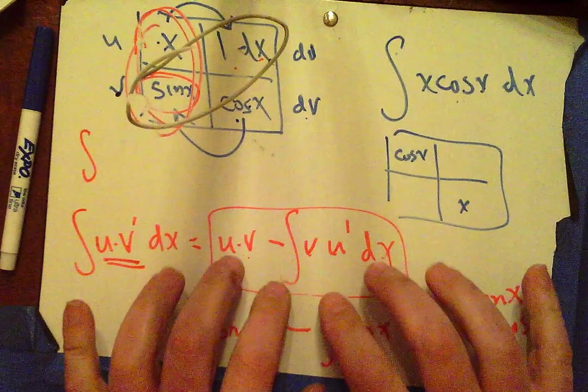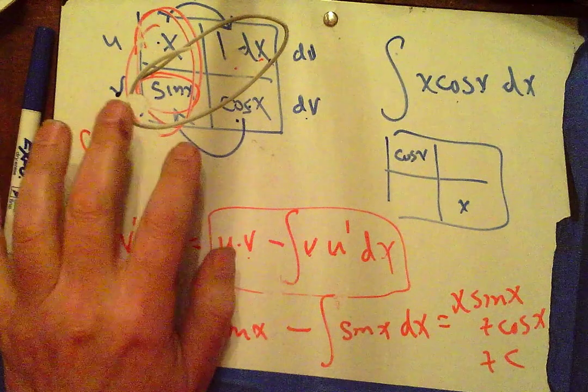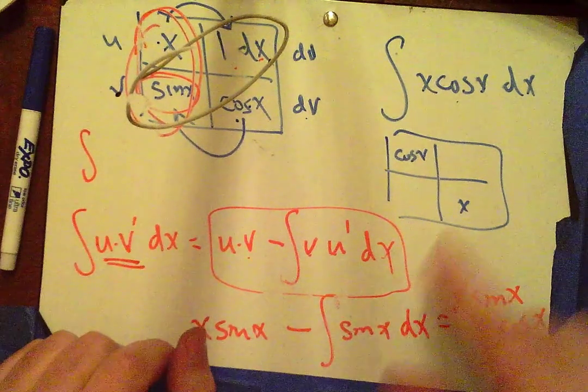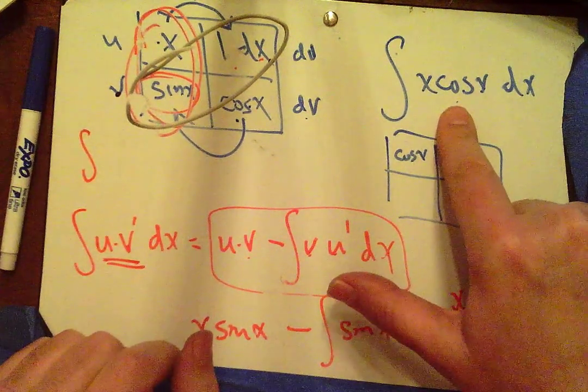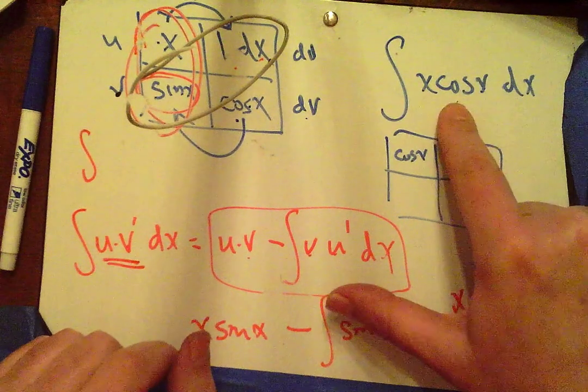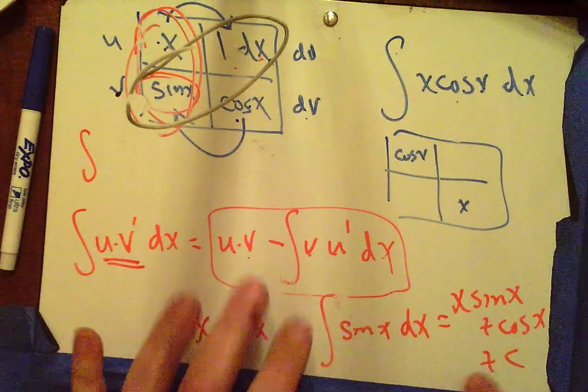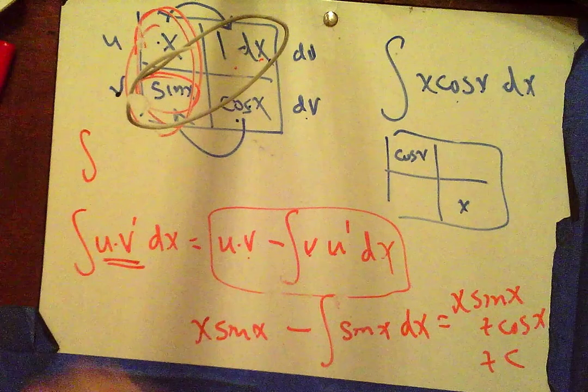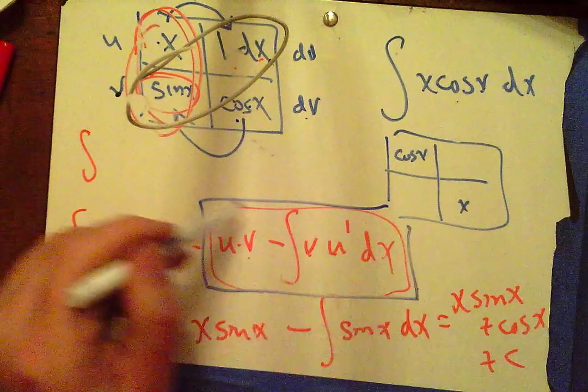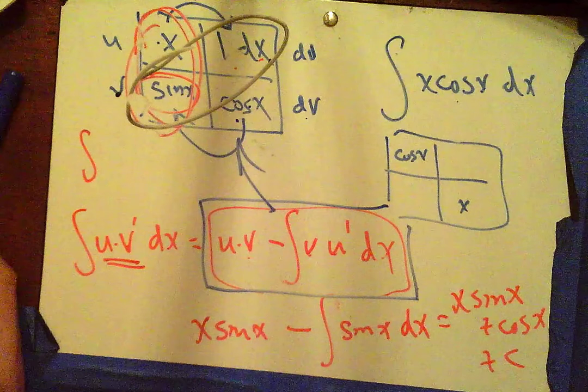What I'm doing here is undoing a derivative with product rule. This is the result of using product rule. If I want to undo this, I use by parts.